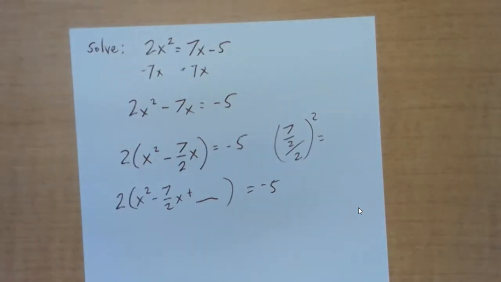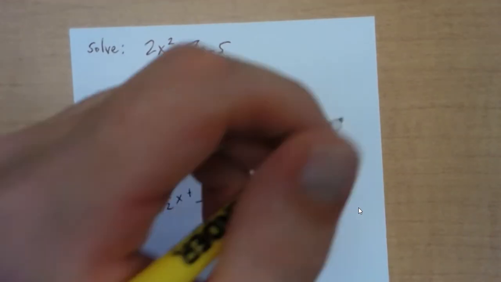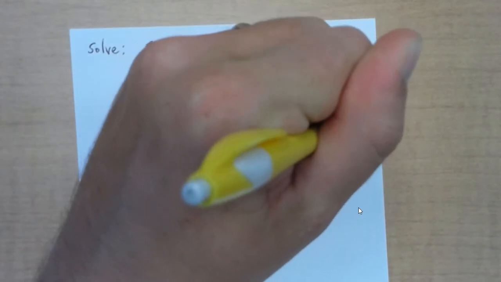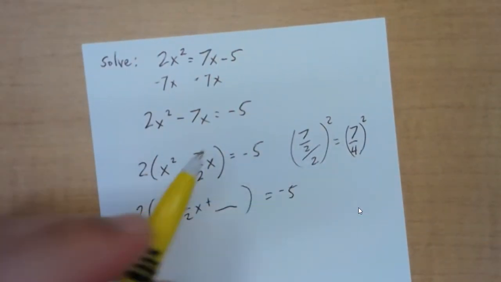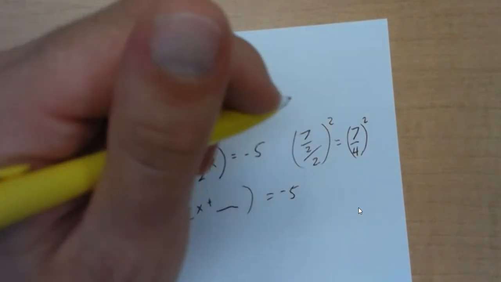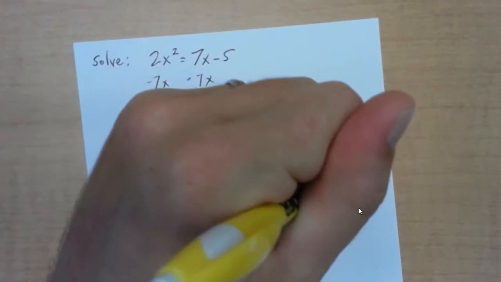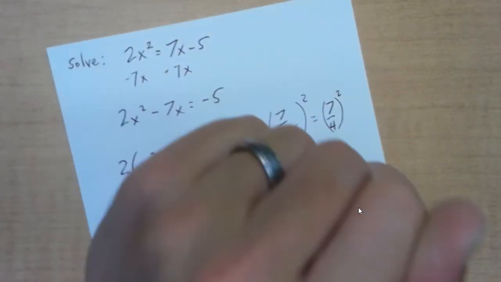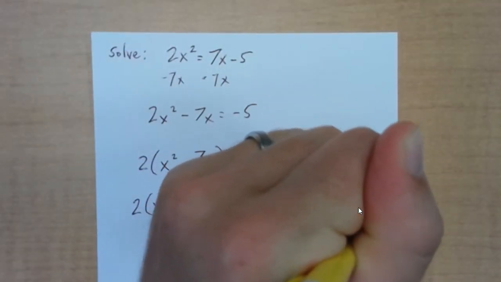Now, dealing with fractions, 7 halves divided by 2 is like 7 fourths. So we just multiply these two numbers here to get the new denominator. 7 fourths squared. I'm going to apply the squared to each of those. So 7 squared over 4 squared, which is 49 over 16. 49 sixteenths.